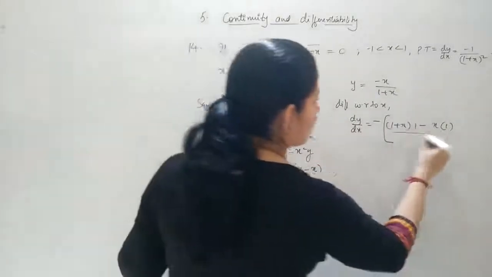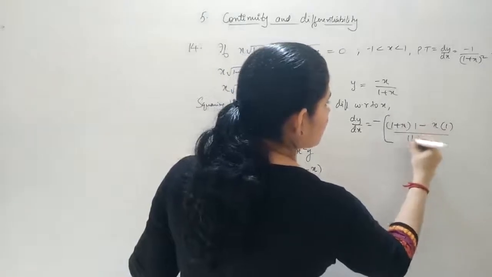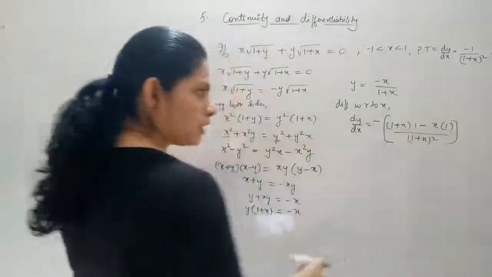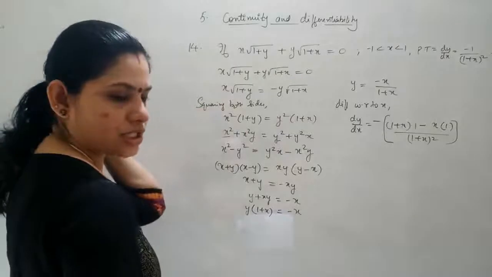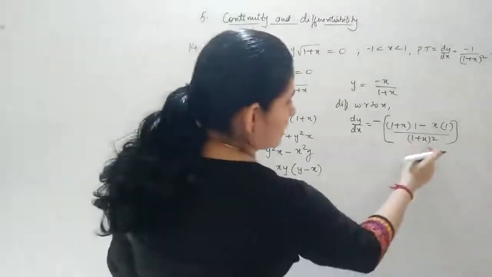So x into 1 divided by denominator the whole square. Okay, u dash v minus v dash u divided by v square.